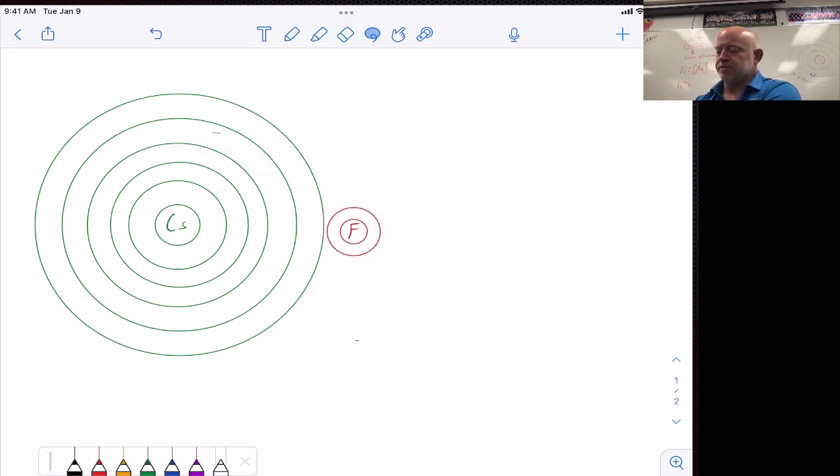In that collision, if we actually take a look, cesium's nucleus is way inside of here. So from here all the way out to here, this distance is really far. So any electrons hanging out here are not really held very well by cesium. In fact, cesium only has 1 electron out there anyway, so we'll just put 1 electron out here, okay?